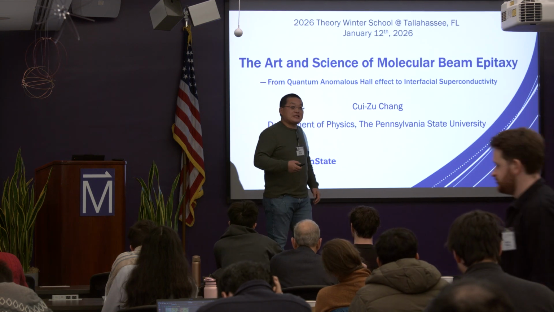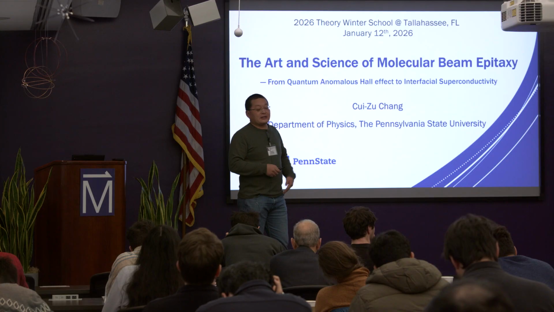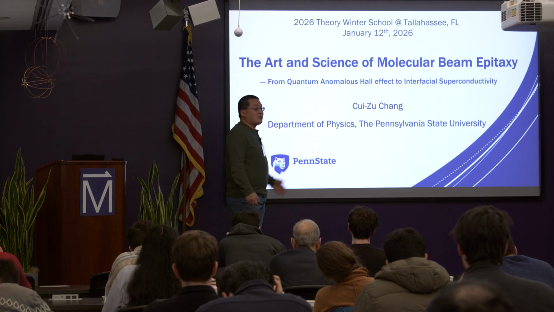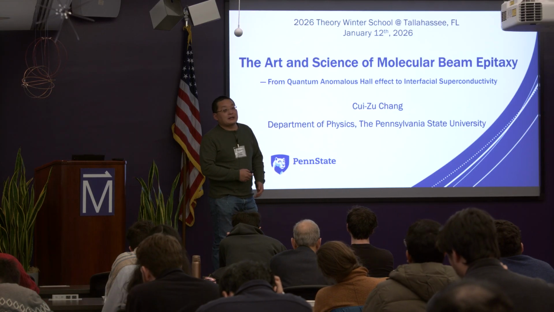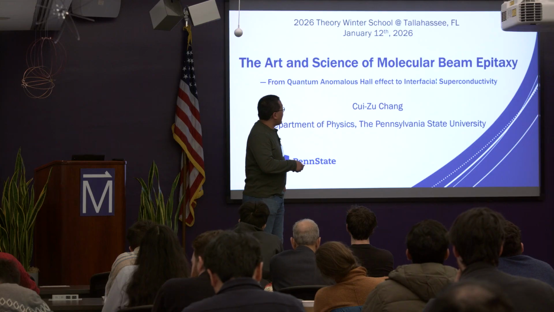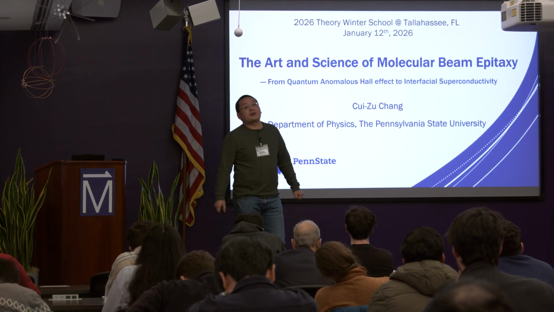I will focus on two topics. The two zero resistance phenomena include the quantum anomalous Hall effect. We know the quantum Hall effect already, and the quantum anomalous Hall effect is just the quantum Hall effect at zero magnetic field. In the second half of my talk, I will focus on interfacial superconductivity.